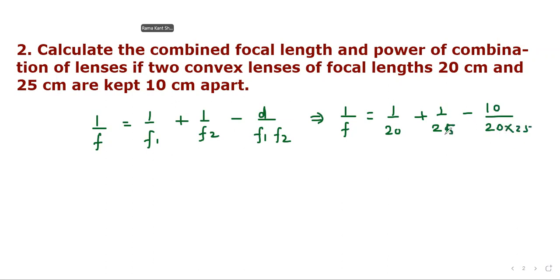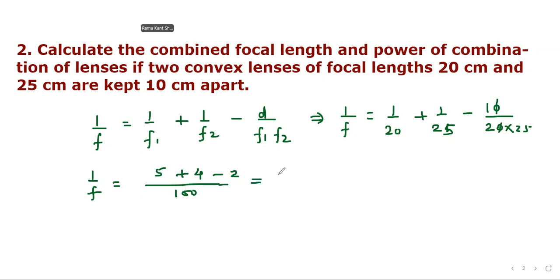So the 10 and the 0 will cancel out. And if we take LCM, 1 upon F will be 100. So this is 5. This will become 4. This will become 2.